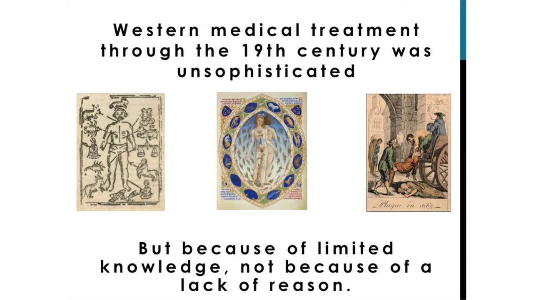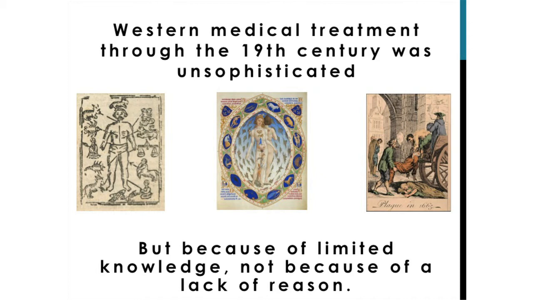Now, why would you do this? Why is it important to have this information? So I like to think of an analogy of Western medical treatment from antiquity, basically until the 19th century. Even dentistry was pretty terrible, but it was unsophisticated. You can see that here is Aristotle's Zodiac Man, which is from antiquity until the 15th century.